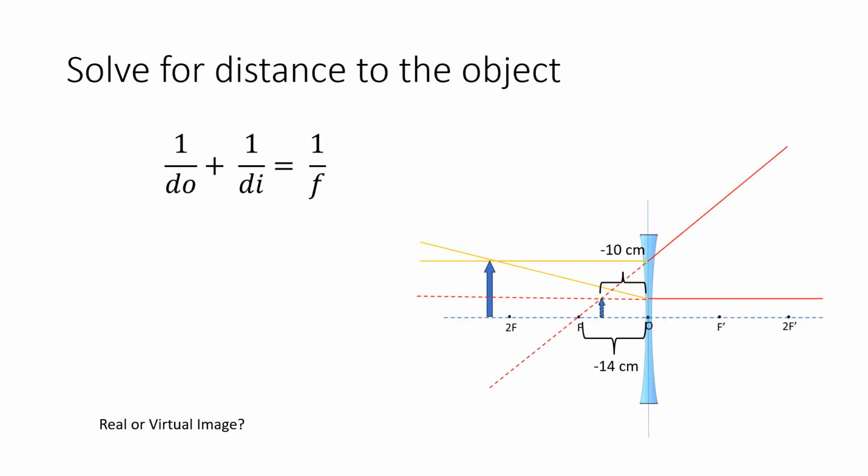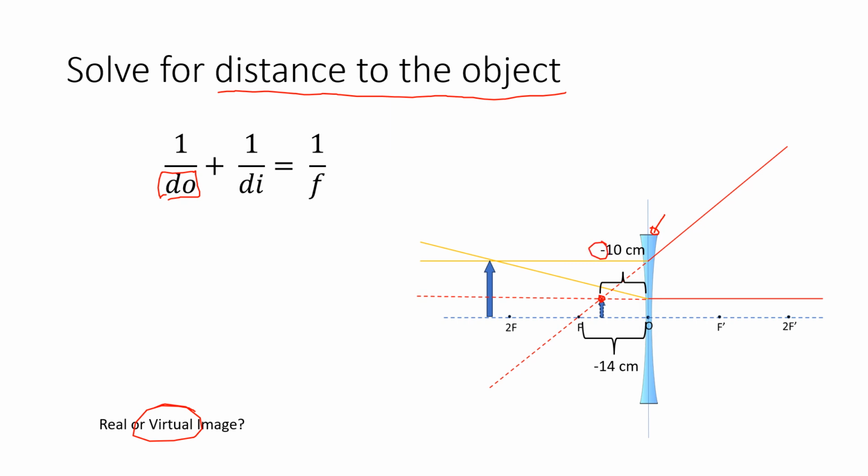Alrighty, so for this one, we've got a couple of differences. One is that we're looking for the distance to the object, so that's this value. And the second is that this is a diverging mirror, right? So since it's a diverging mirror, the light rays don't actually cross, but your brain thinks they do. And so it's going to be a virtual image, which means both these values are going to be negative, right?